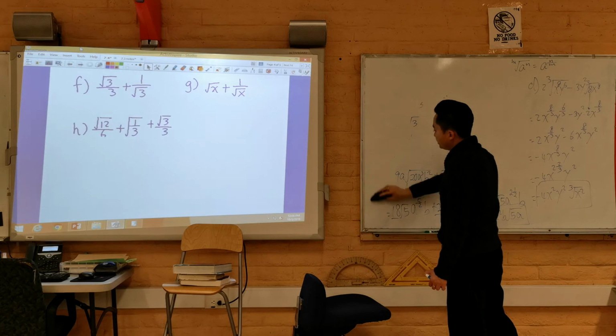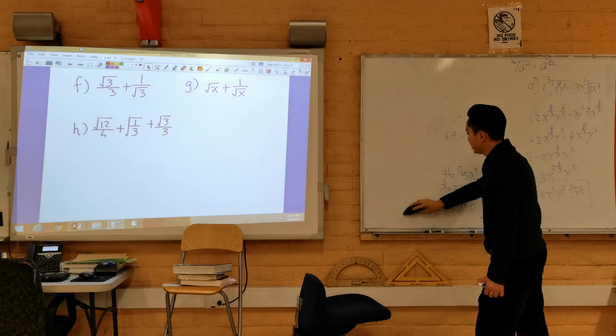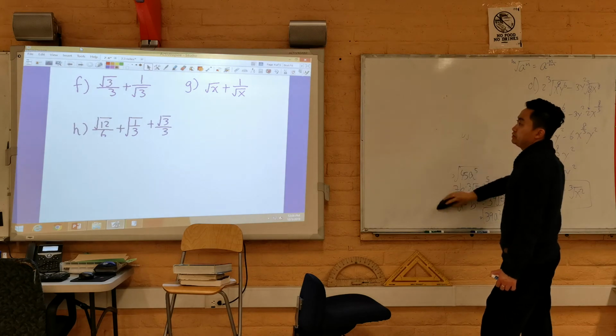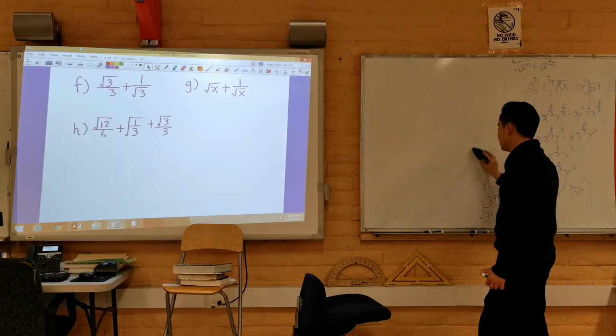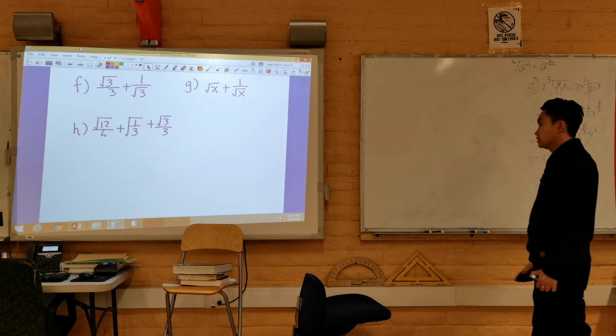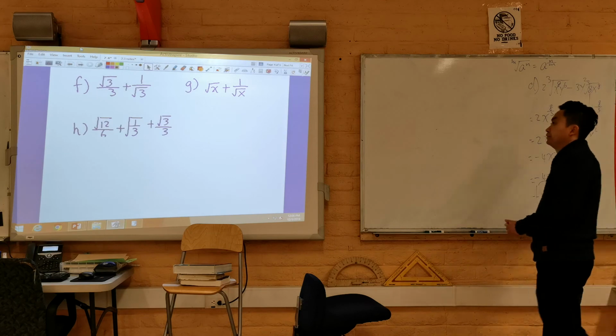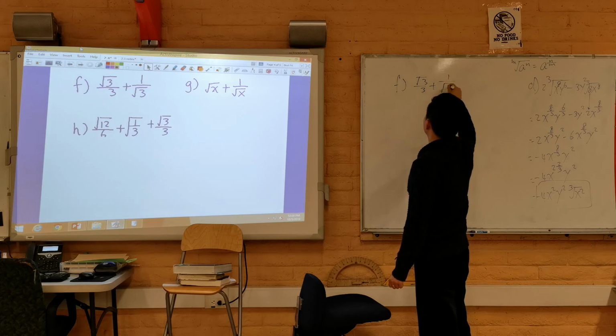Anytime you want to combine fractions, make sure we come up with the exact same denominator. In the first one, we have two different denominators: one is 3, the other is root 3. But before we find the least common denominator, there are certain things you have to do. Okay, so start with f, root 3 over 3 plus 1 over root 3.